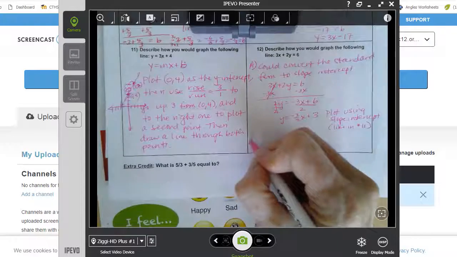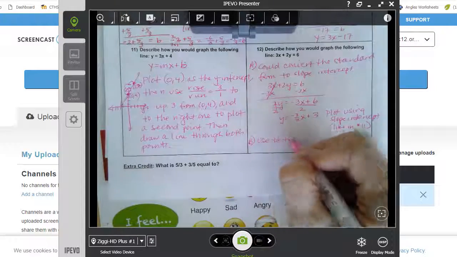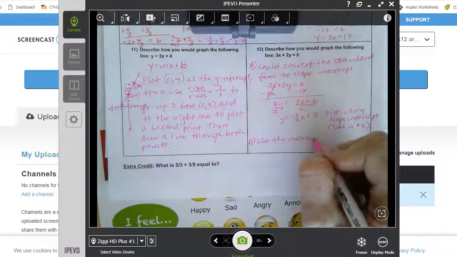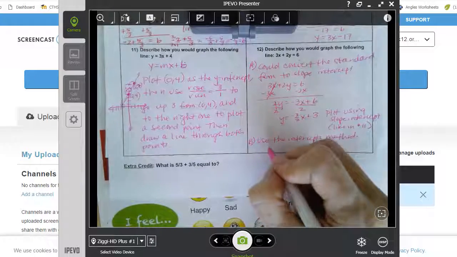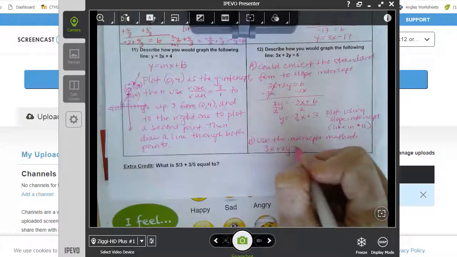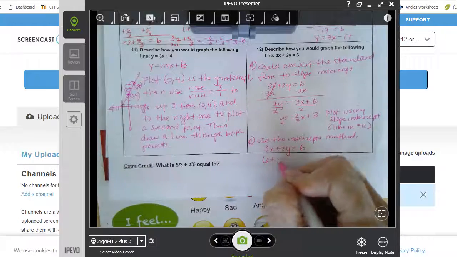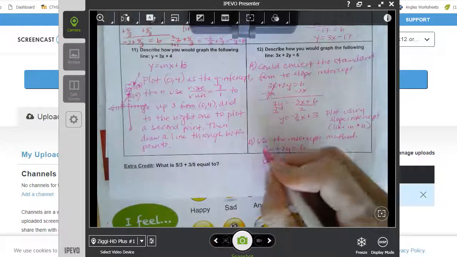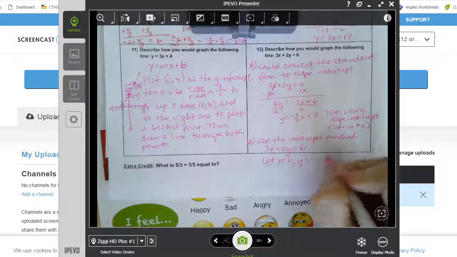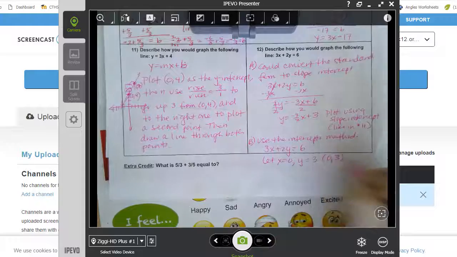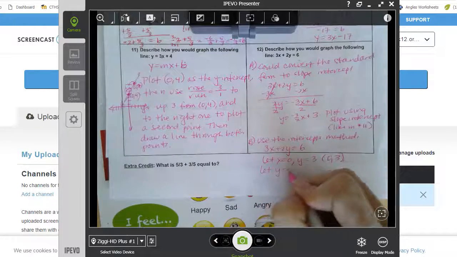Or use the intercepts method. Okay. 3x plus 2y equals 6. Let x equal 0. If x is 0, that's 0. 2y equals 6. y has to be 3. That's a point. Then let y equal 0.